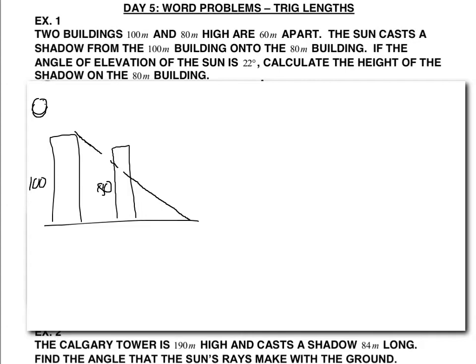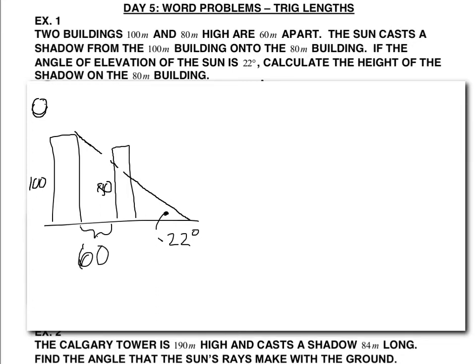And then they did tell us that the angle of elevation of the sun is 22 degrees, so that gives us this angle right here. So I'm just going to use an arrow. And they did tell me that the two buildings are 60 meters apart. So we get, my pen seems to be giving me issues today, 60 meters apart. So that's the basic sketch.